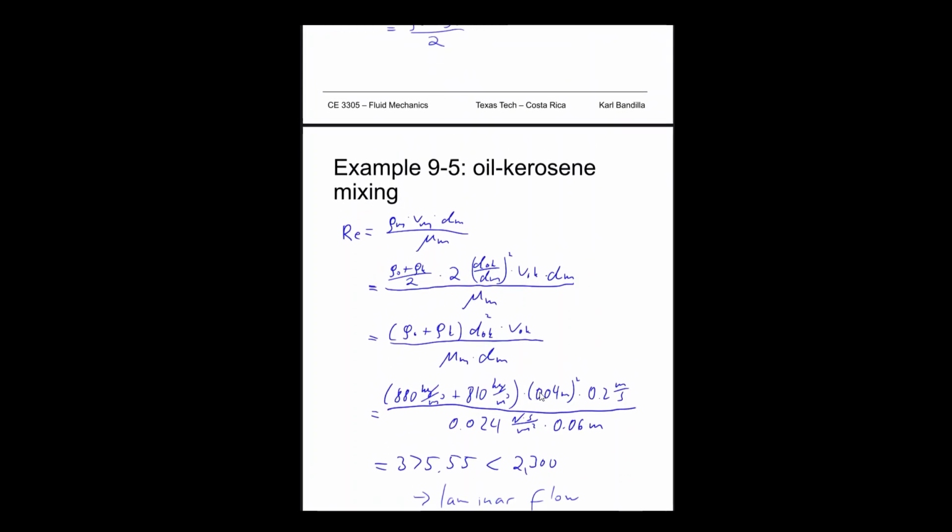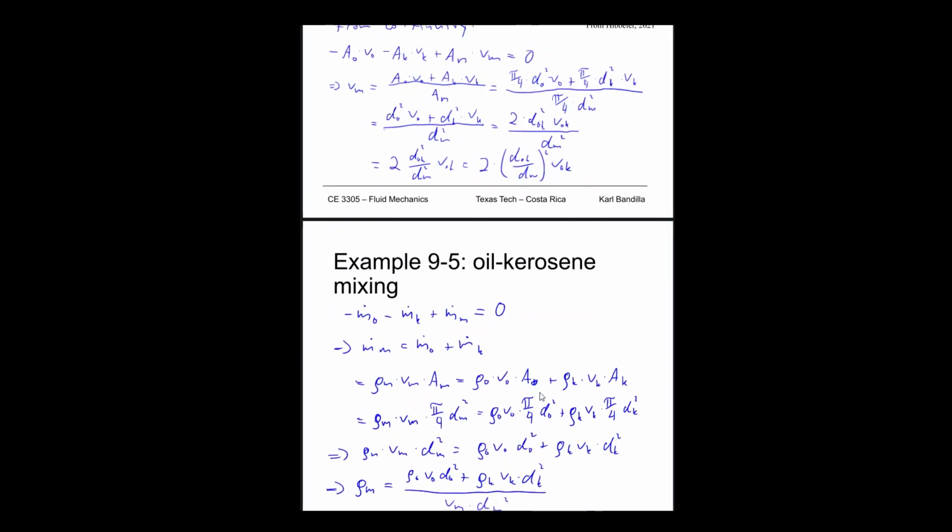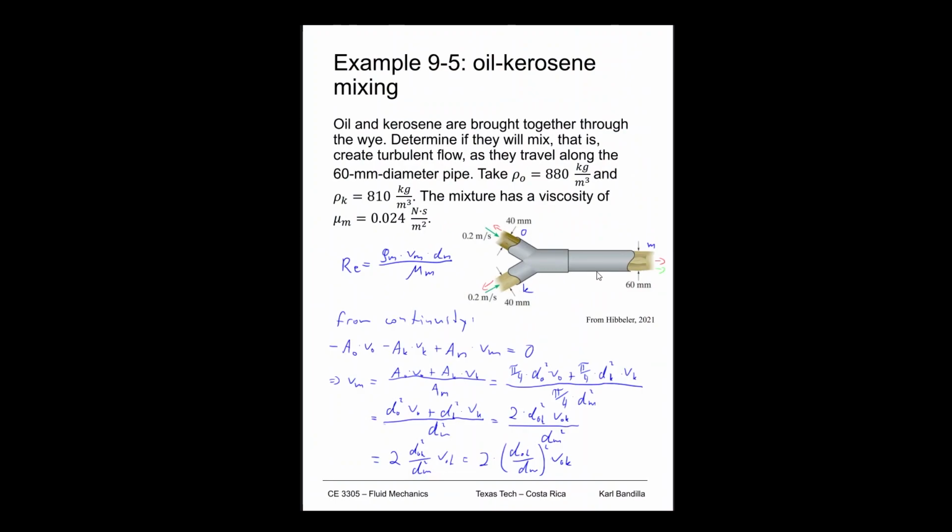So our result showed that if we set this thing up, we won't get a fully mixed mixture at the end, but basically the top half of the stream is going to be oil, and the bottom half of the stream is going to be kerosene, more or less.